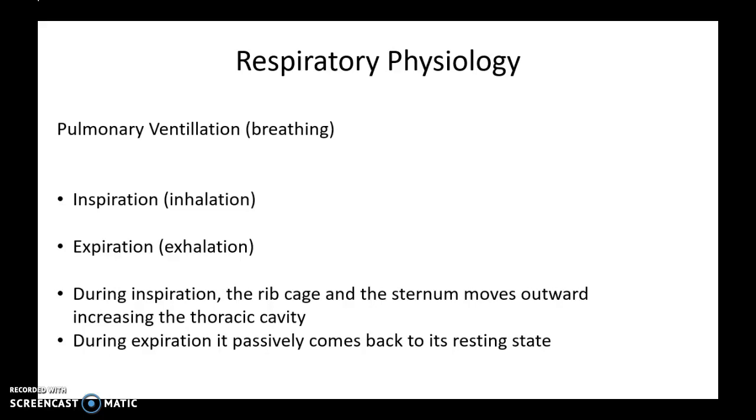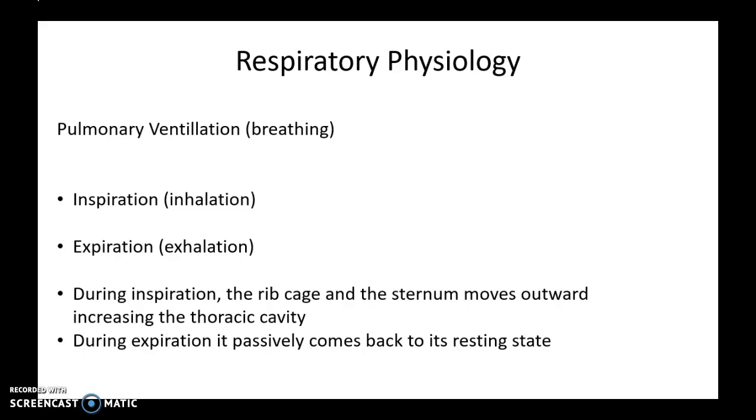So, talking more about the functions of the respiratory system. Now, the process of breathing. Do me a favor. Breathe in gently and breathe out. A normal breathing process. The fancy term is pulmonary ventilation. Pulmonary ventilation simply means breathing in, breathing out. That's it.